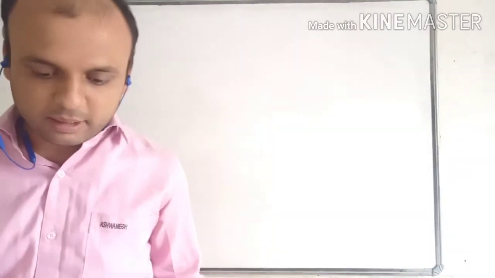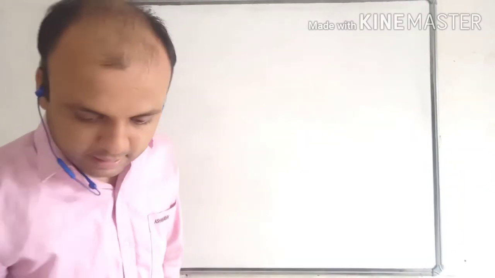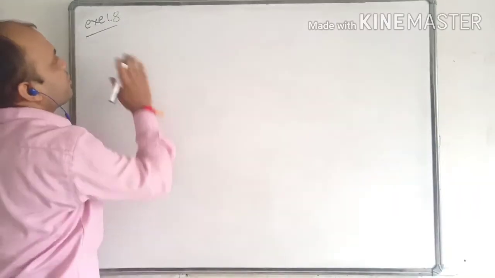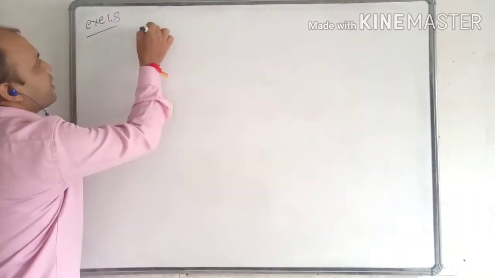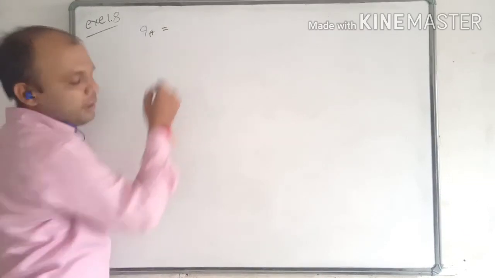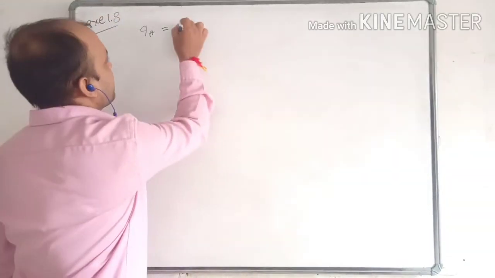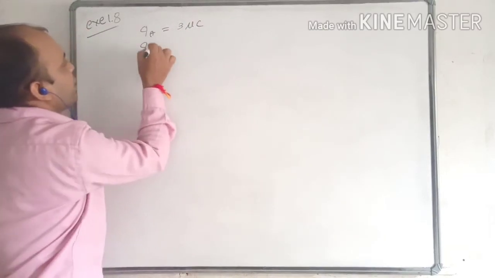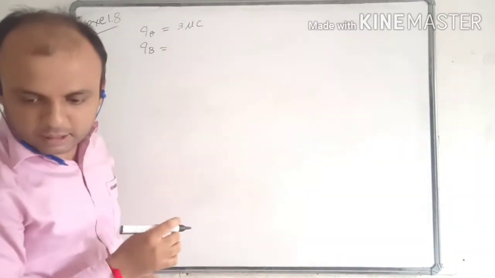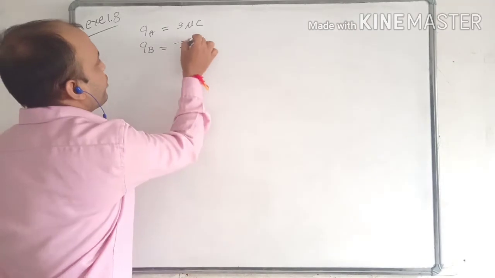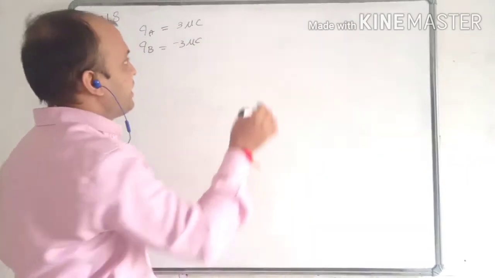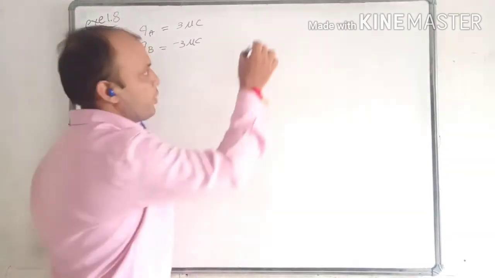Now we see exercise 1.8. In the 1.8 exercise they give us two charges: 3 microcoulomb, and QB that is minus 3 microcoulomb, and they are separated by 20 centimeters.